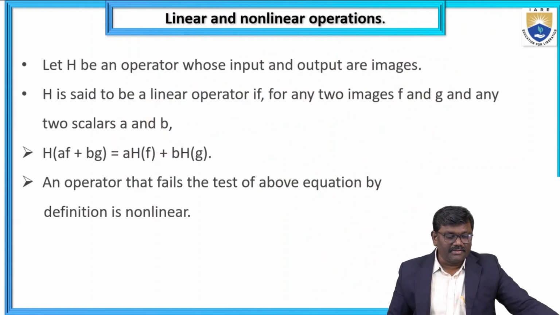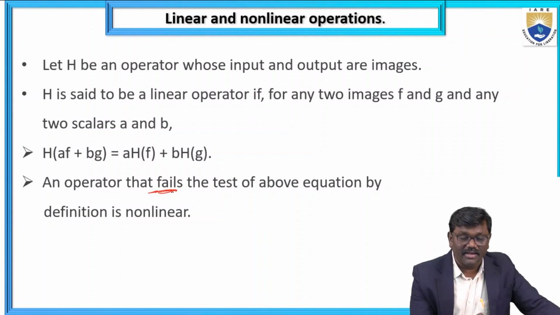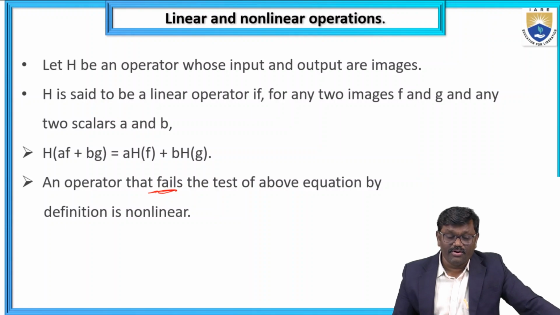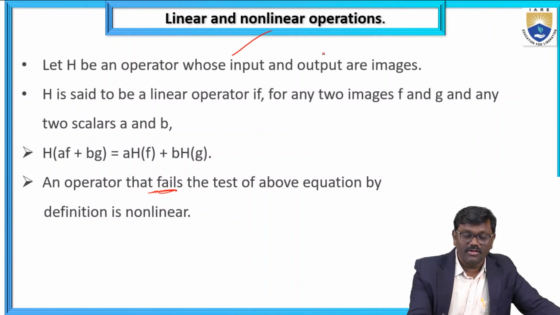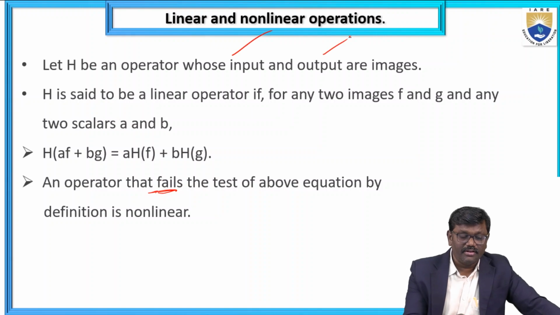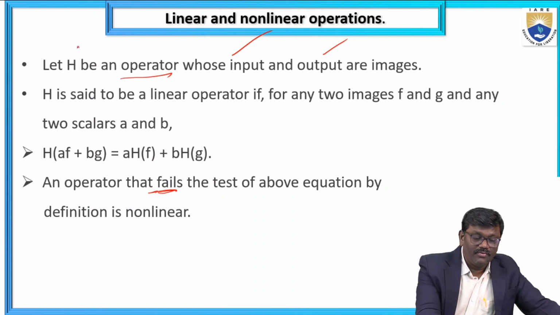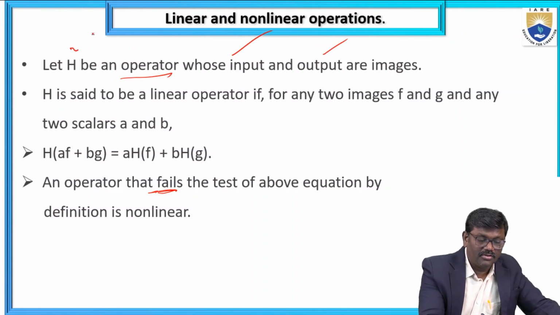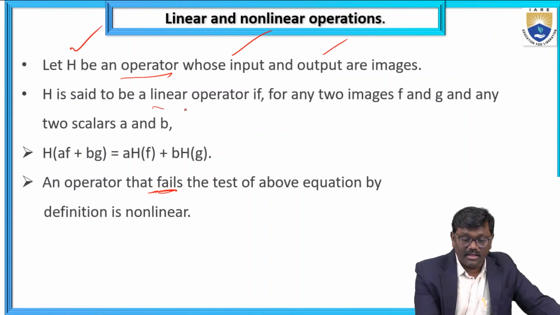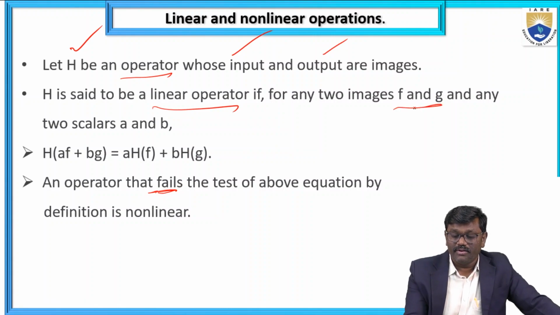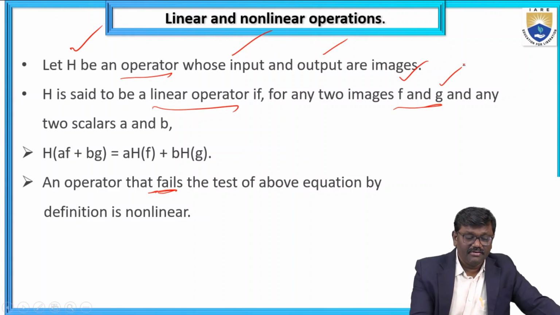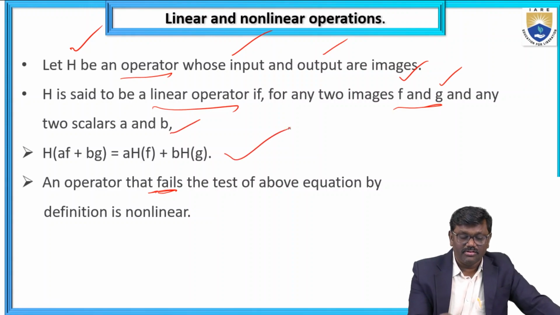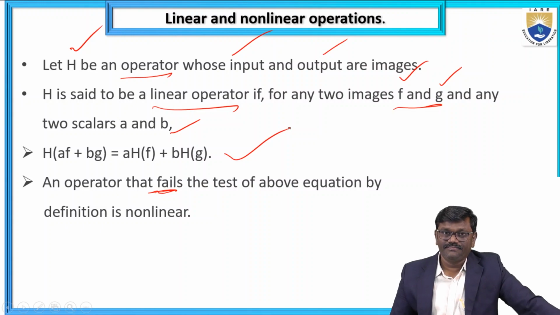Coming to such a process, I can use the word fails. You are using input and output relations with the help of your linear operator H, which should be applied between F, G and any two scalar values, then this equation will be satisfied.